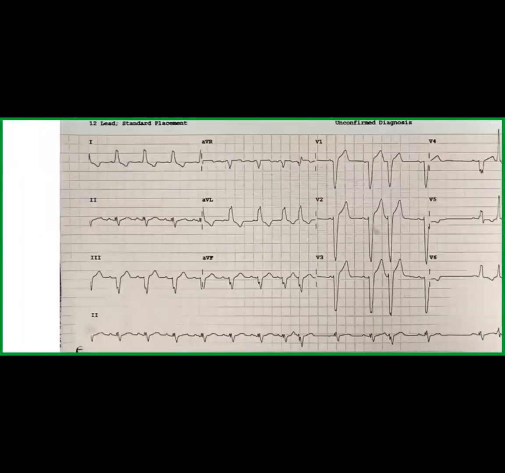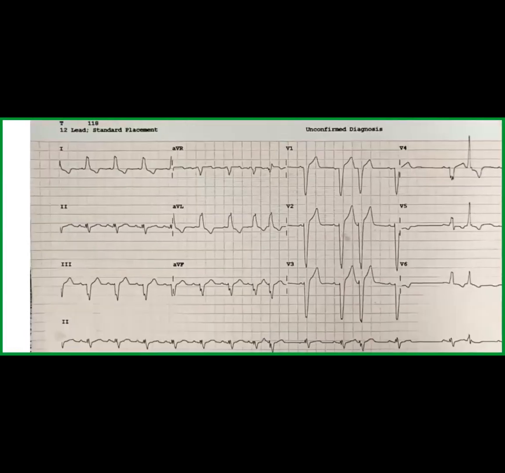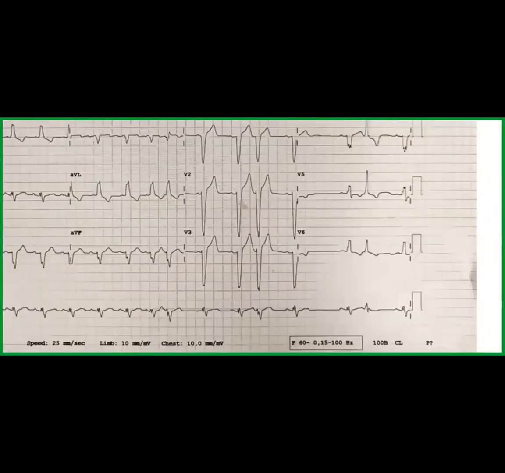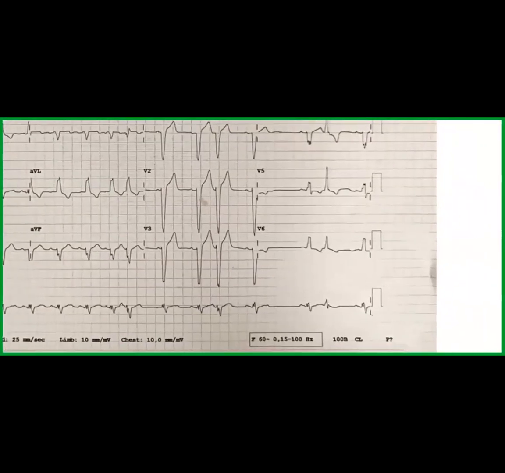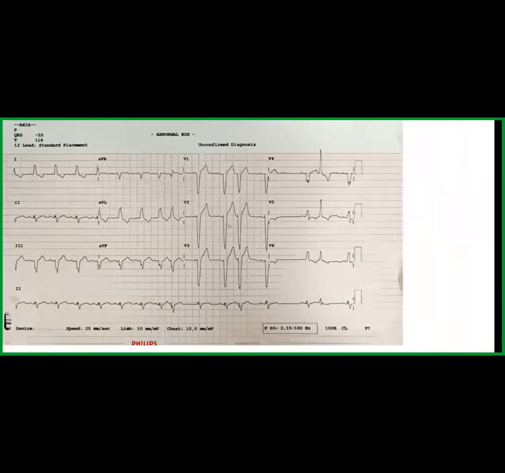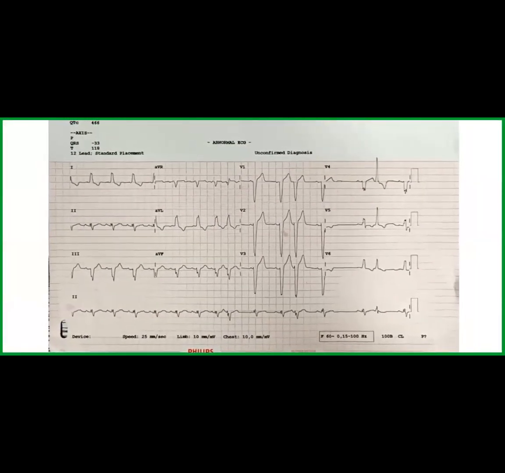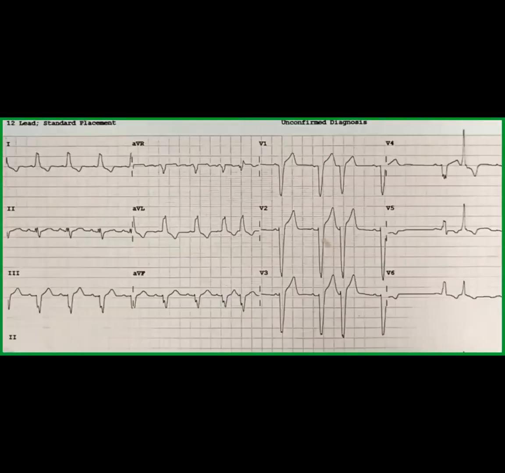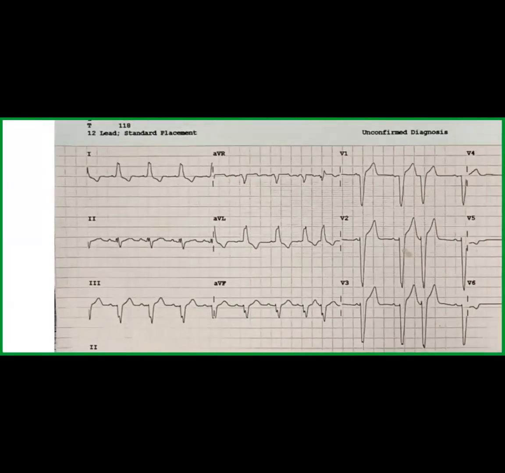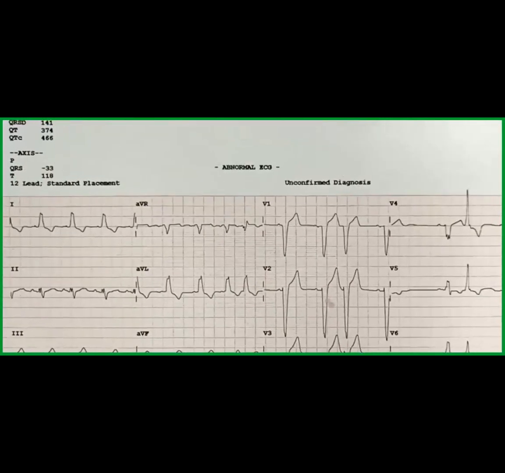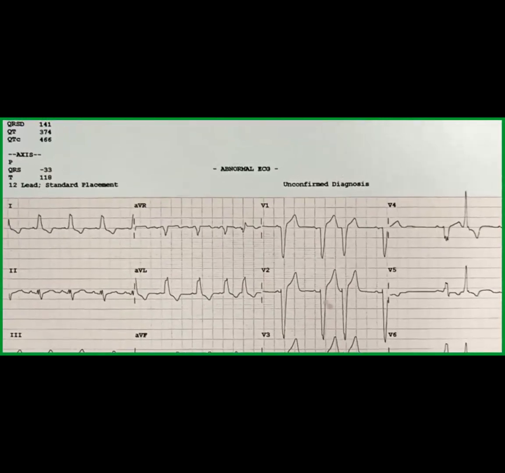From lead 1, 2, 3, all the way up to V6, the QRS complex isn't really what it looked like in our normal ECG tracing. Here we are able to appreciate a QRS duration which is greater than 2 small squares. We can't really make out the small squares because we can't zoom in too much, but we are able to see that the QRS is quite wide from what it was in the normal ECG.